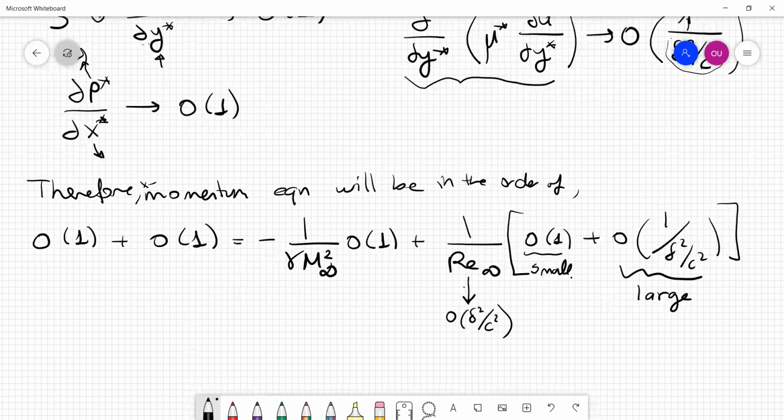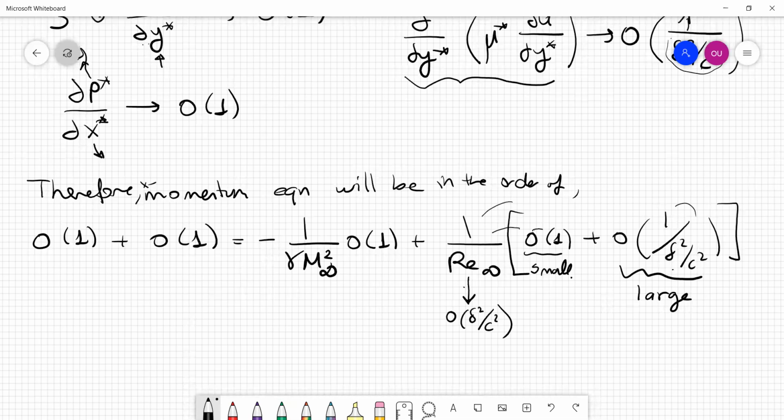It is actually a small number. So this is order of delta square over c square, multiplied by order of 1 over delta square over c square. This is a very large number multiplied with a small number, and this is a small number multiplied with a small number.